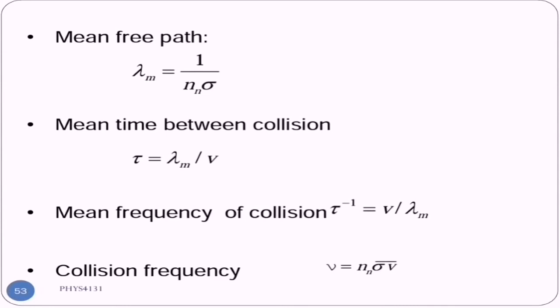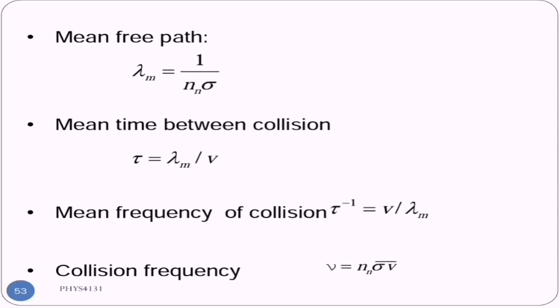Then we have the mean time between collisions. For particles of velocity v, it is given by tau is equal to lambda m over v, and the mean frequency of collisions is tau to the power minus 1 equal to v over lambda m, which can be written as n sigma v.